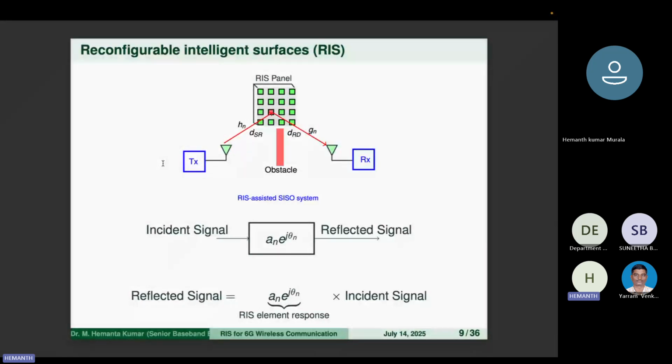Got it? So a of n into e to the power of j theta, for one element. Remember this is one element. The incident signal x is multiplied with this phase and amplitude. So the reflected signal is equal to a of n into e to the power of j theta into x. Agree, all of you?